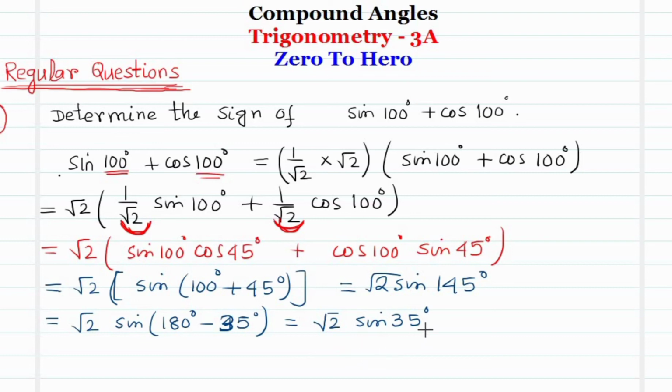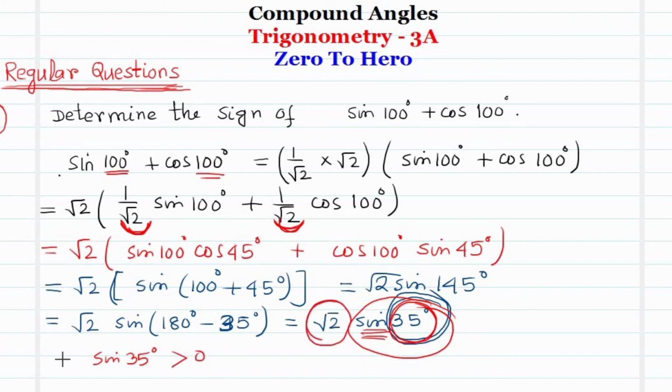Sine 35 degree is an angle in the first quadrant, and sine of it is always positive, always greater than 0. And root 2 is a positive quantity, so if we multiply root 2 with sine 35 degree, that will also be positive. As a result, root 2 sine 35 degree is greater than 0.